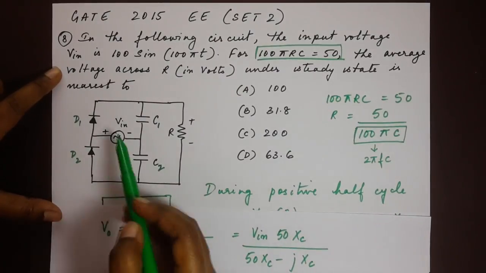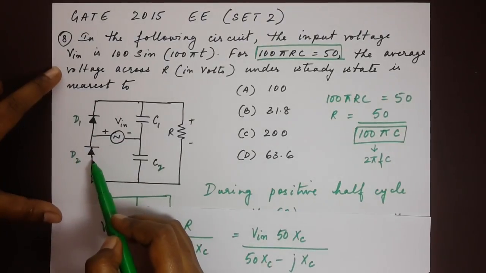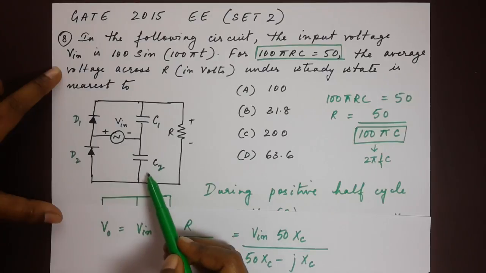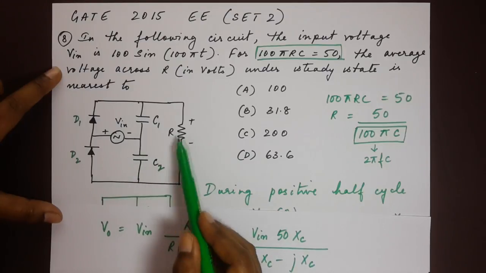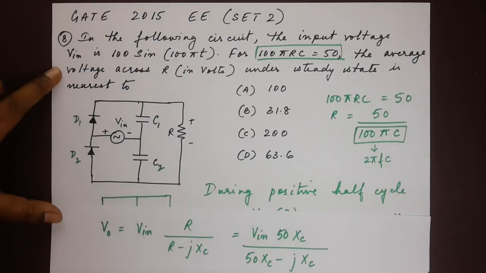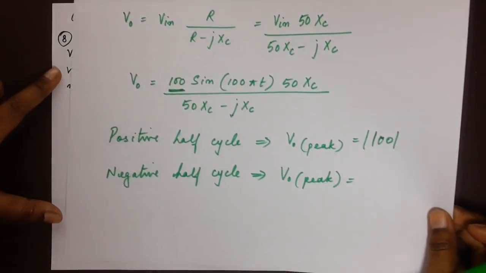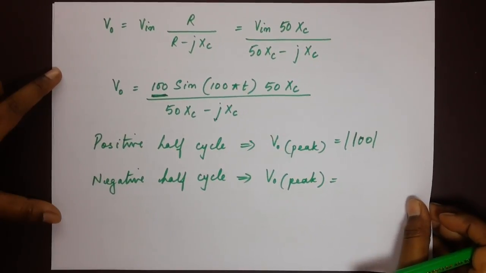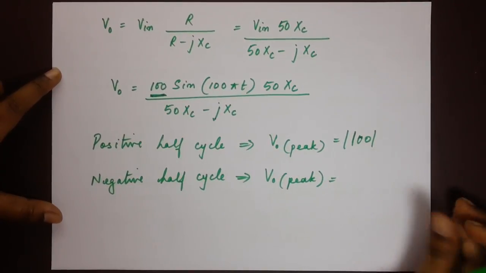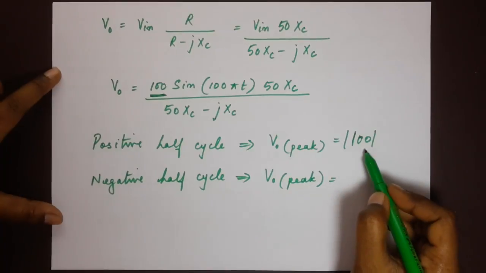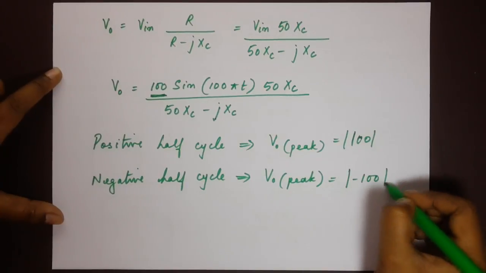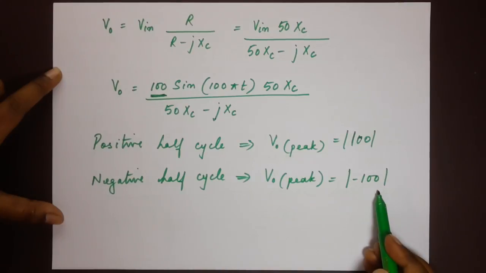Now in the negative half cycle, D2 becomes forward biased and the input voltage is seen across the capacitance C2, and then this is split between C2 and R. So in a very similar manner, if for the positive half cycle V0 is the magnitude or the peak value of 100, then for the negative half cycle we would get the magnitude as mod of minus 100.